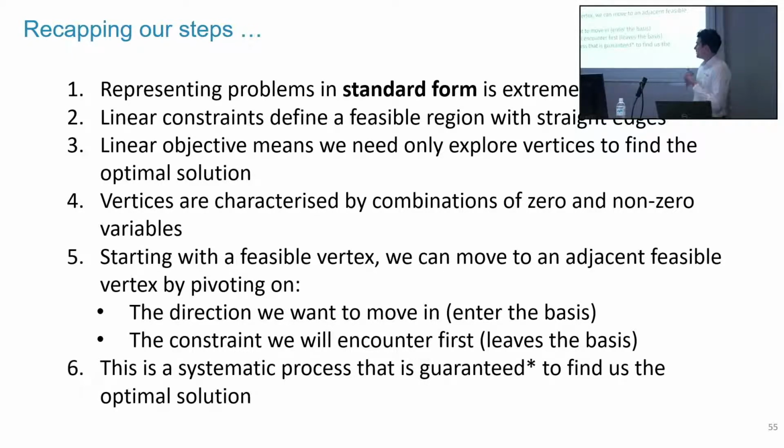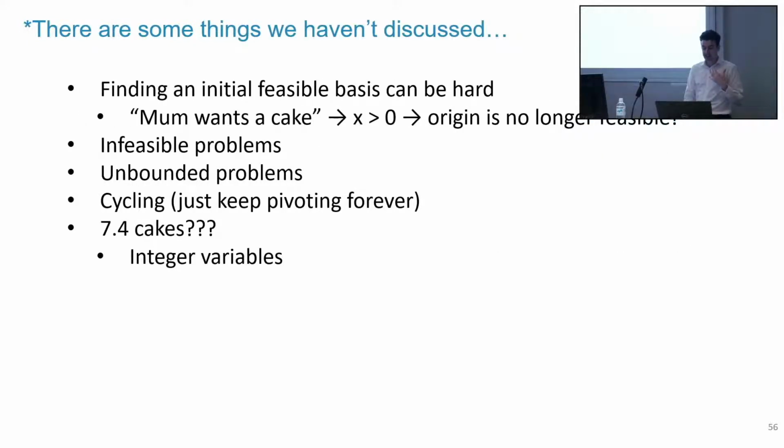Then once we have a feasible vertex, we can just move to an adjacent vertex by picking a variable that will increase our objective and kicking out the variable that restricts us the most. So we just find one and we keep moving to our neighbors until we get to the best one. That process is guaranteed to find us the optimal solution.